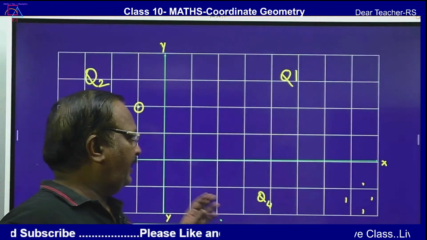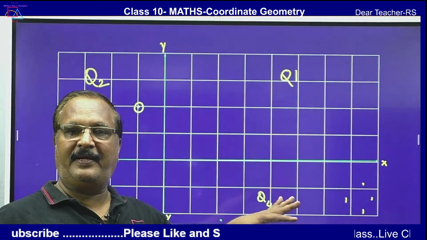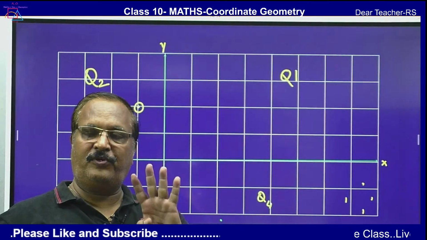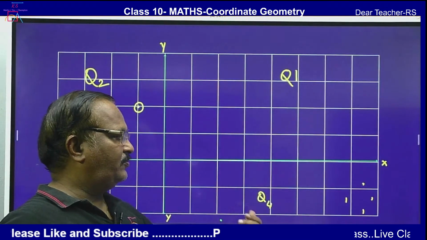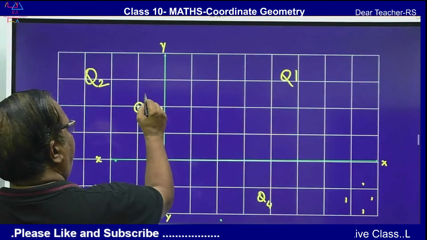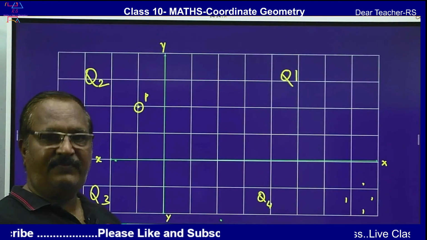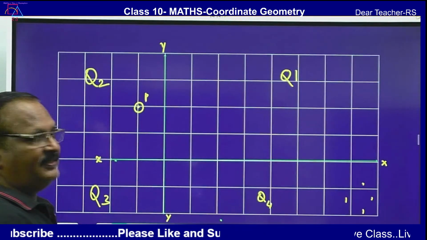So the x-axis and y-axis divide the whole coordinate plane into 4 quadrants. Now our point P lies in the second quadrant. See, we got the location.